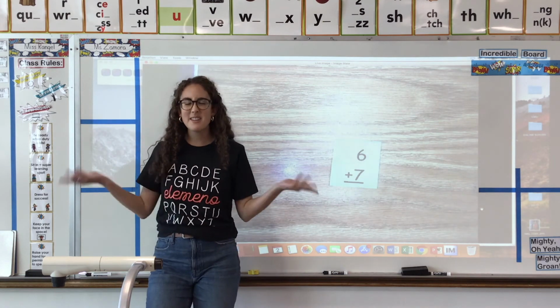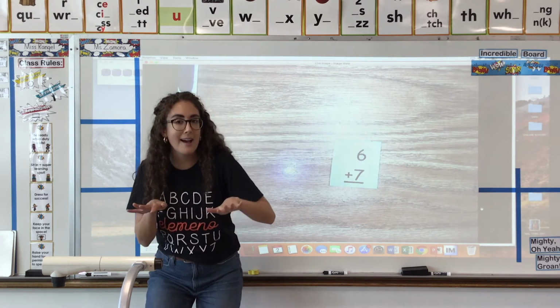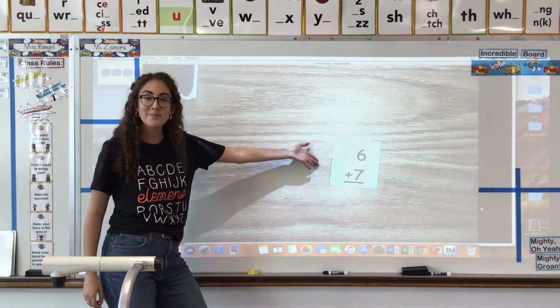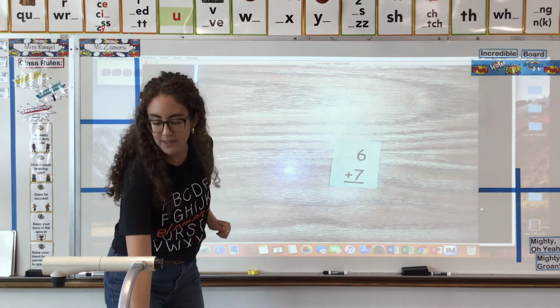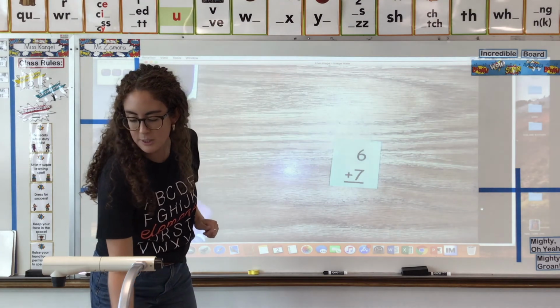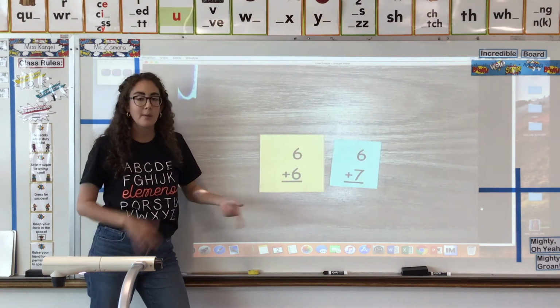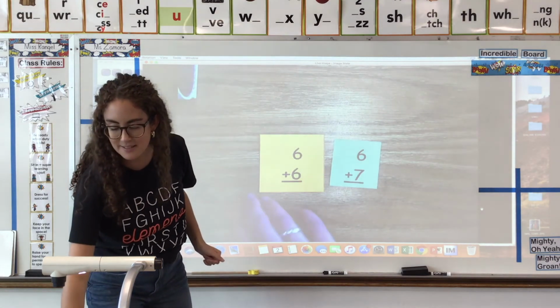How are we going to use our doubles knowledge to solve? We want to double the smallest number, which is 6. So if we double that and think about 6 plus 6, what is 6 plus 6? That is 12.